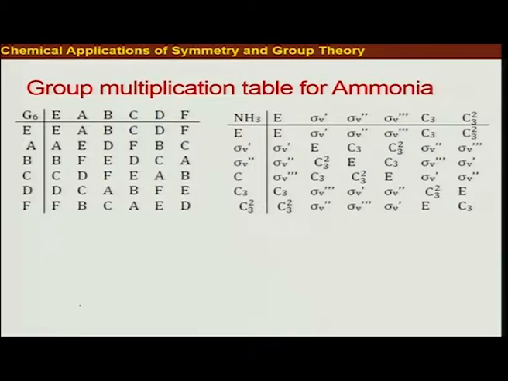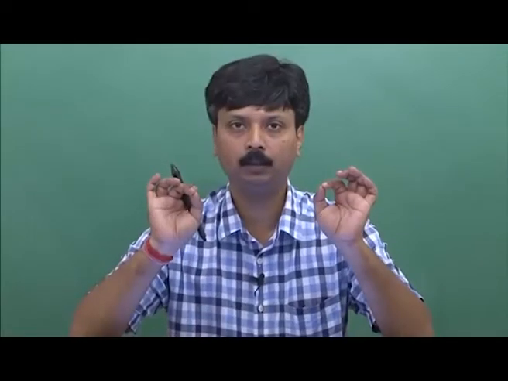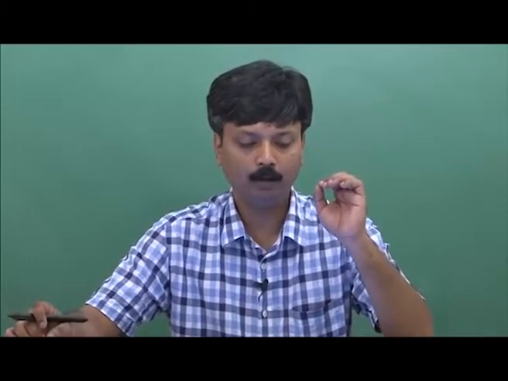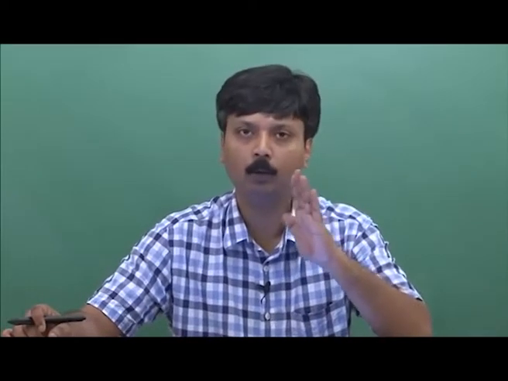So now, we learnt about the group multiplication table, where we saw that all the symmetry operations form the point group, right? So for this symmetry point group, the constituting elements are the symmetry operations. And we learned how to be careful about using the terms symmetry element and symmetry operation, and where to use what.